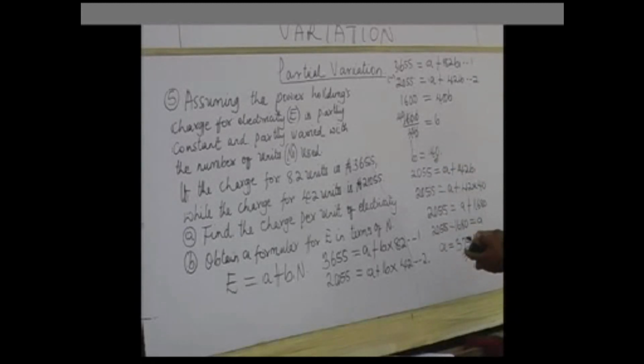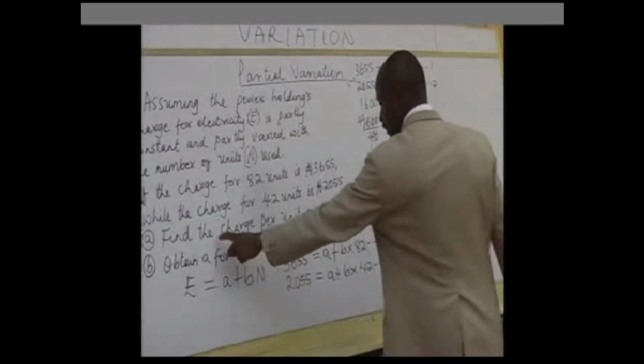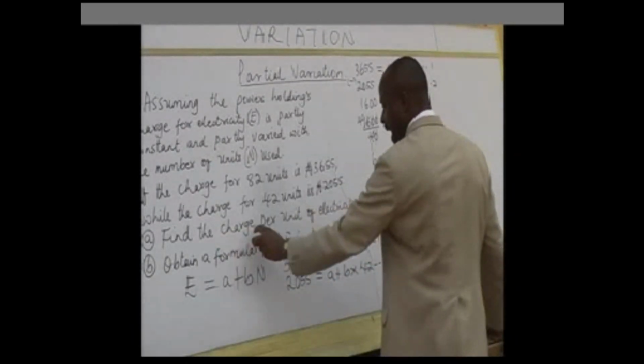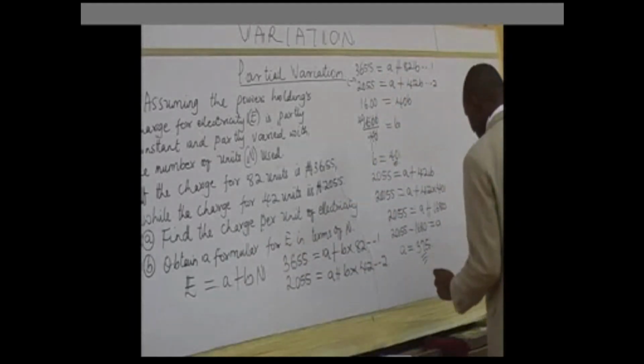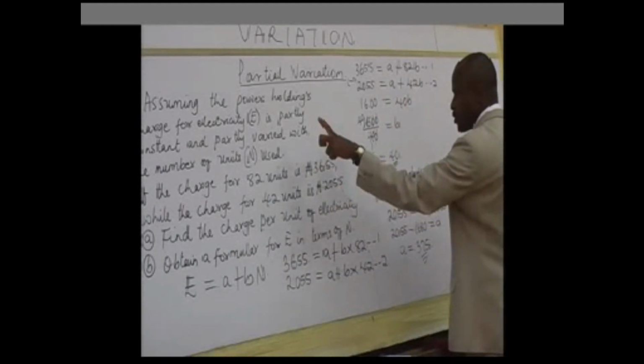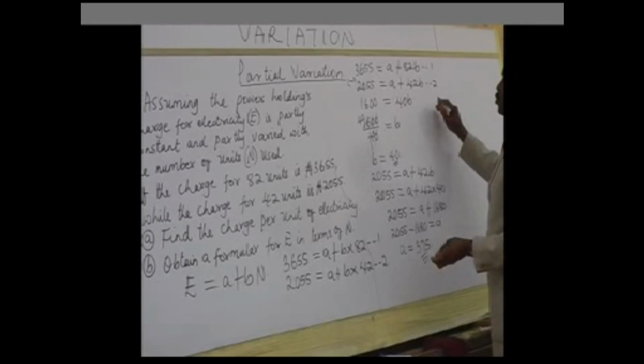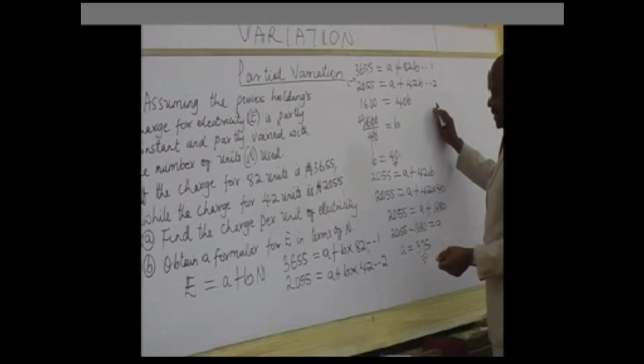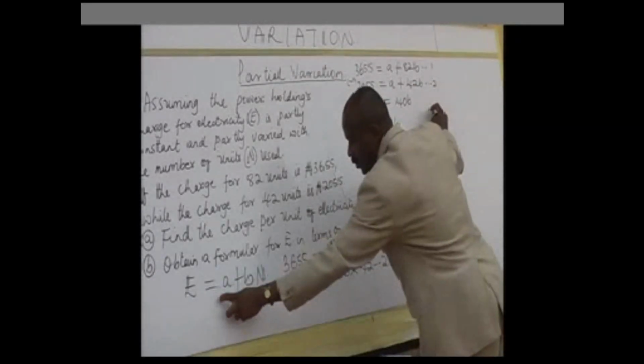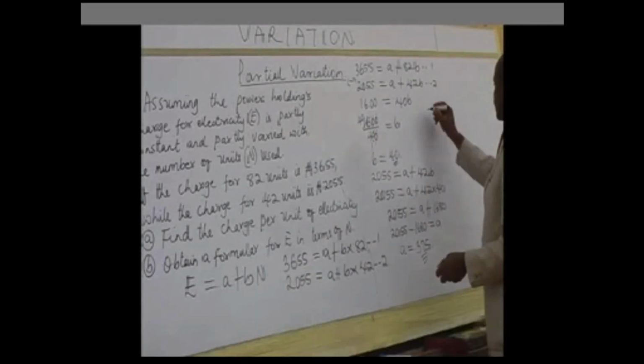We can now go into the questions A and B. So we should find the charge per unit of electricity. This is one of the reasons why I chose this question. Let's go to the formula. The formula is E is equal to A plus Bn.